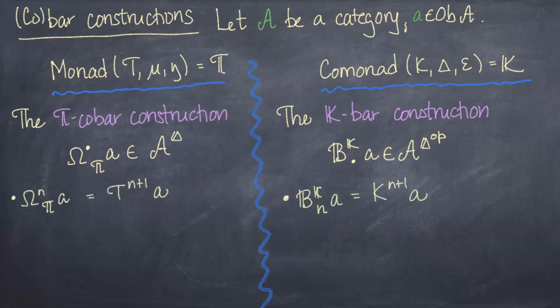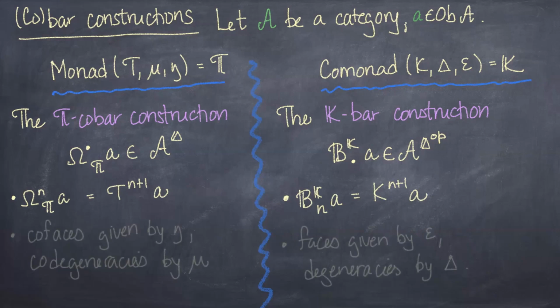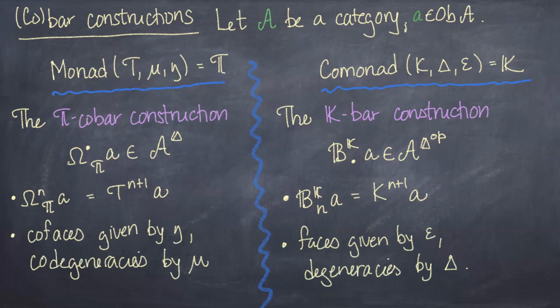First of all, in level n of my co-simplicial object I have what I get when I apply T n plus 1 times to A, and dually for the bar construction, I apply K n plus 1 times to A. Then the cofaces in the co-simplicial object omega T of A are given by the unit of the monad eta, and the codegeneracies by mu.